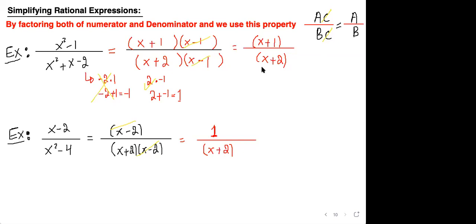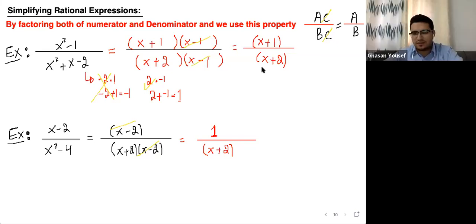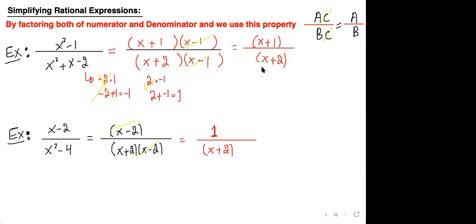This is not exactly correct. It is all numbers except -2, because that will give me 0 in the denominator and make it undefined.